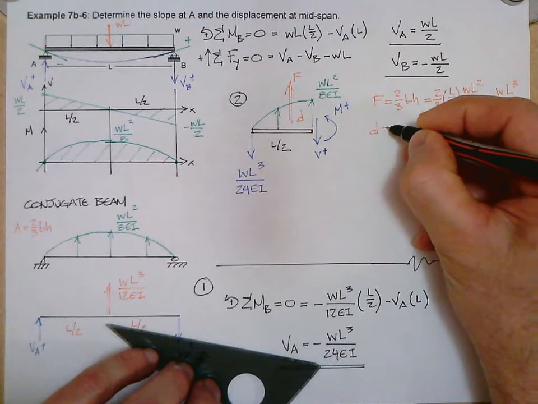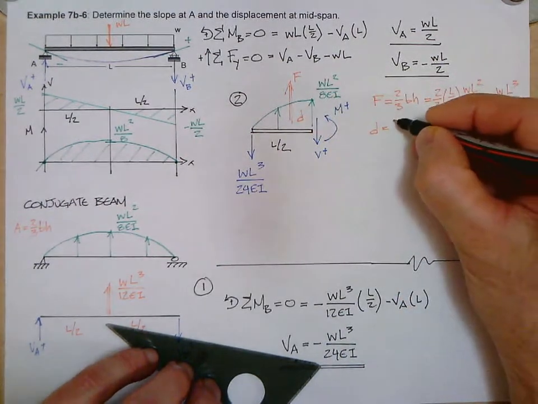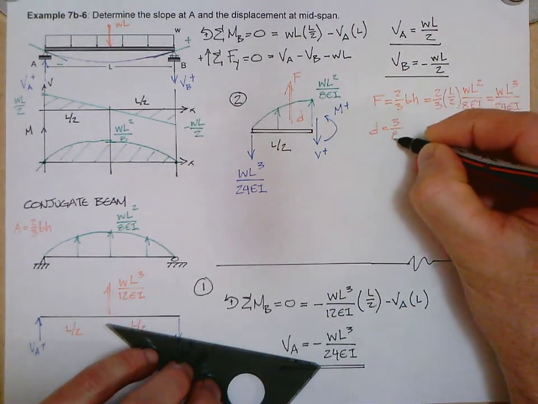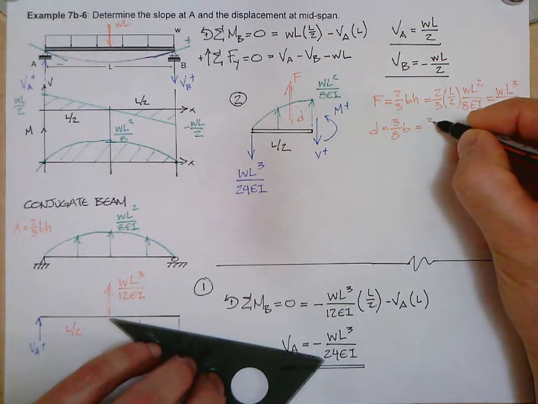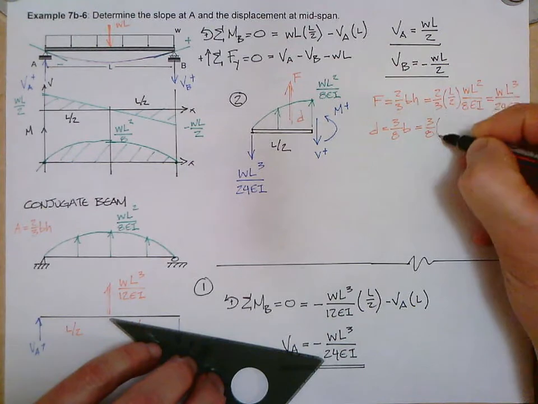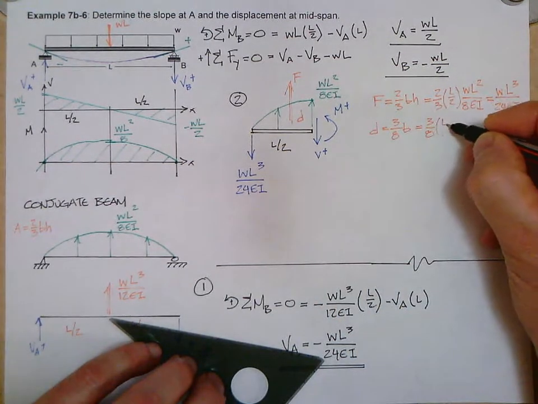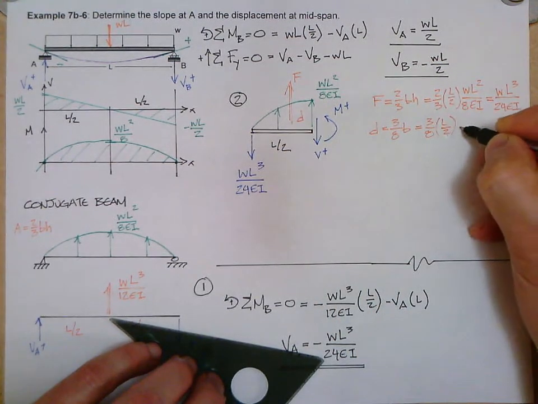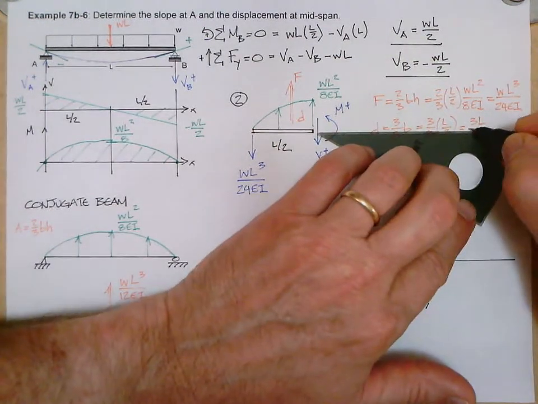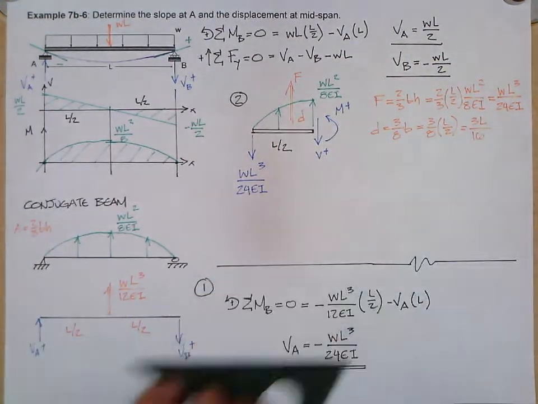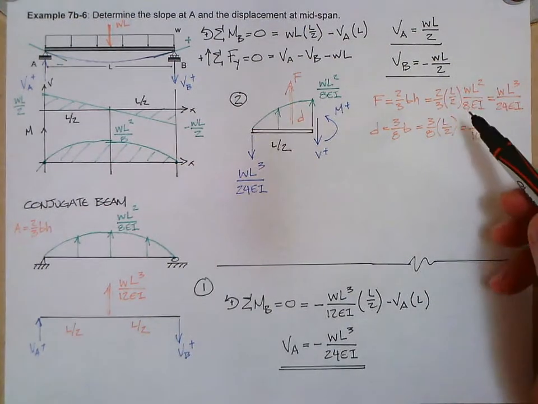You might remember the distance from this tall end was 3/8 the base, which in our case will be 3/8. Our base is L over 2. So that ends up being 3L over 16. So you can see that's the disadvantage right now.